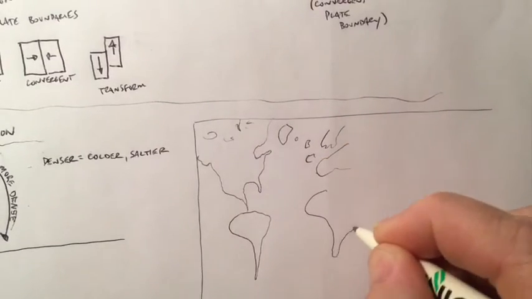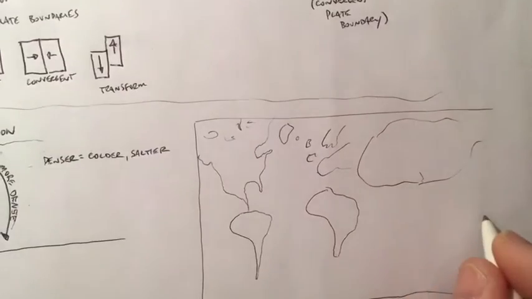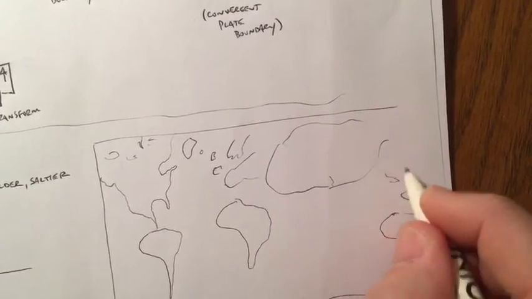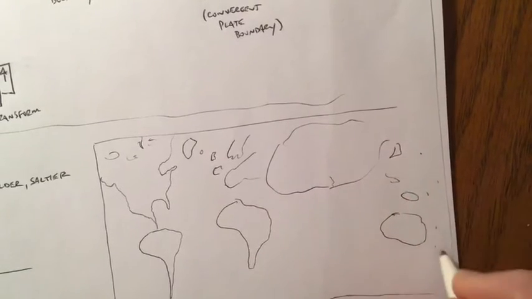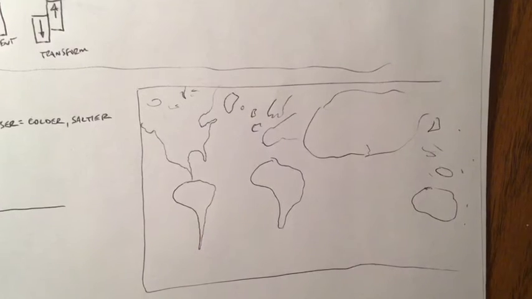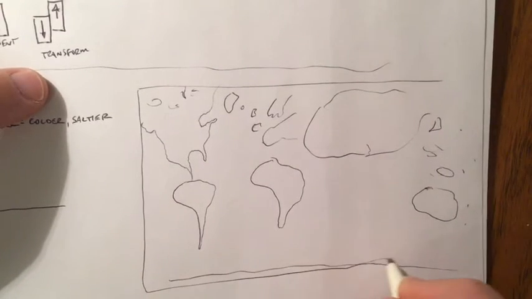Then Africa's pretty big, and then you got Asia, which is even bigger, and then down here is Australia and a bunch of islands, including Japan, and then a bunch of really tiny islands too. So this is not to scale, obviously.